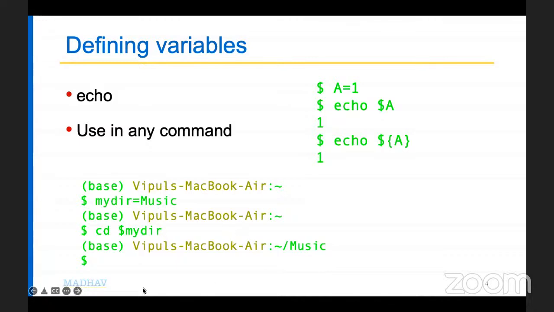So you can save this string in this variable. This is how you define a variable. Just say the variable name, put an equal sign or the assignment operator, and then write the string. But mind that you don't put any space in between. If you put any space, it will not work. Space is considered a valid character, so don't put space.